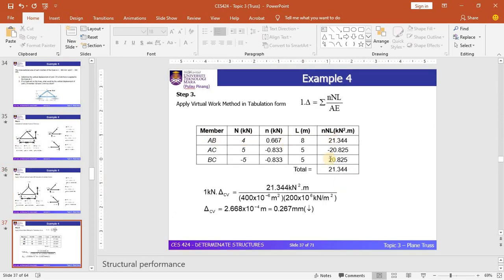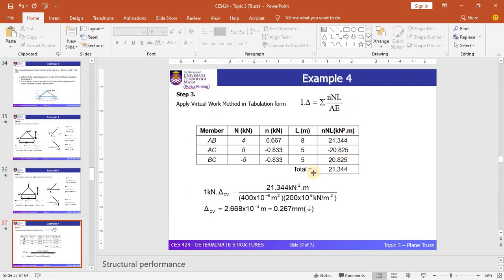What you can see here are the values of axial force based on the virtual diagram and the axial force based on the real diagram. You indicate the member number and the length of each member, and you can find the numerator part of the equation, which is nNL.